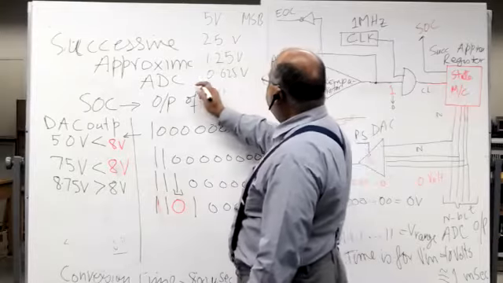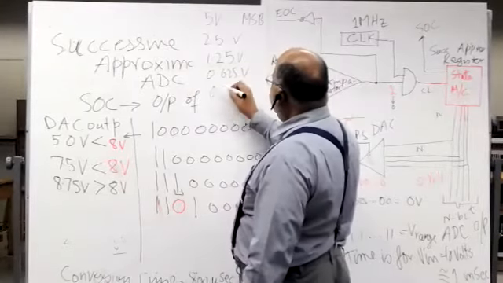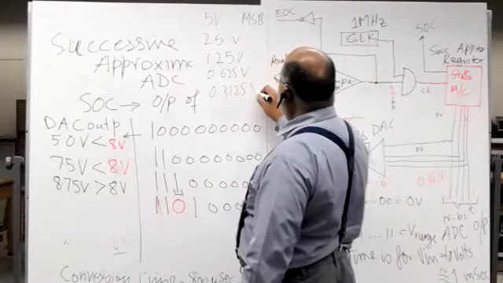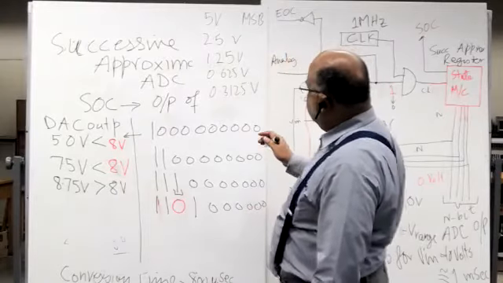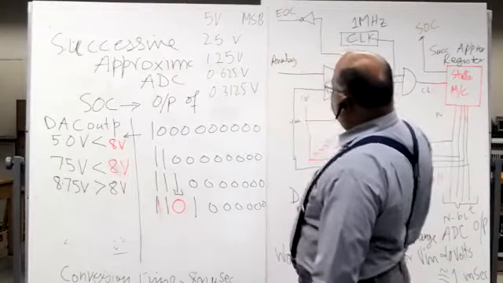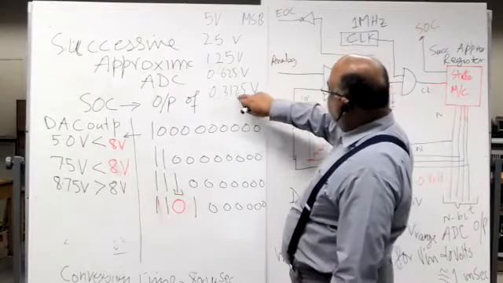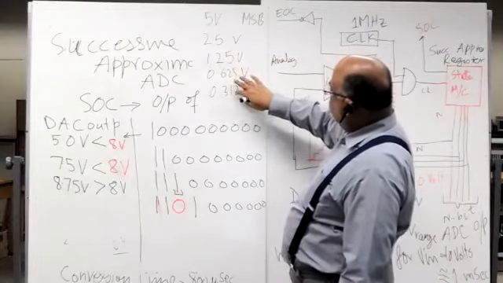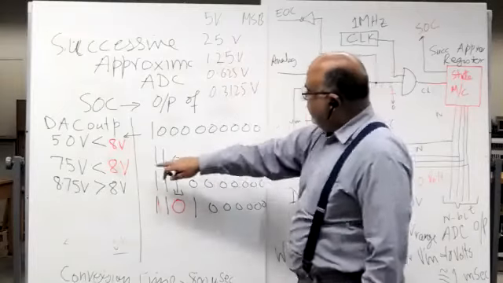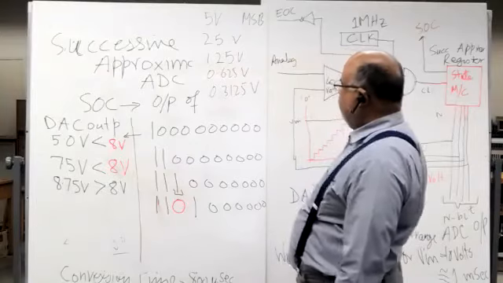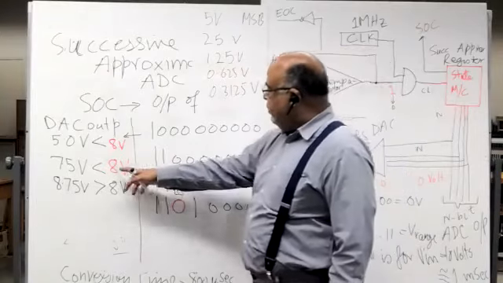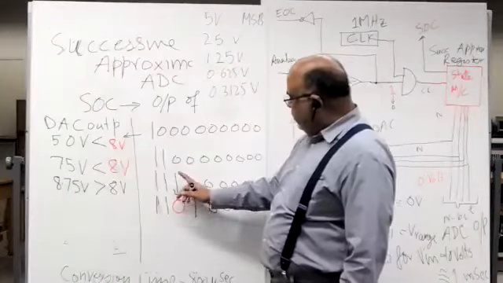Next is half of this, which is 0.3125 volt. So basically, this successive approximation is going to find all the voltages whose sum is less than this volt. It will make sure that we never reach this. So it will try bit by bit.